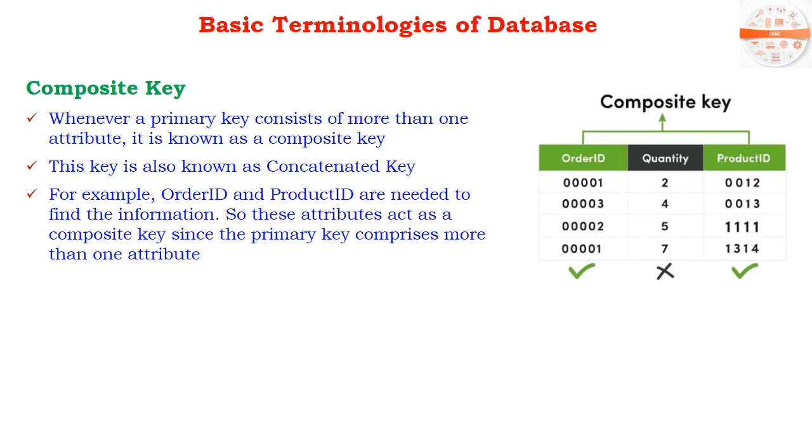In those cases, we take one more attribute and compose them in order to identify the record. For example, order ID is not sufficient to identify, so we will take one more attribute, product ID. This composite key is used to identify the particular records.